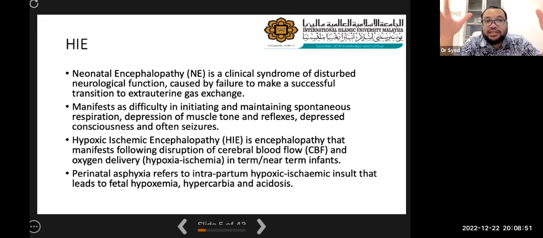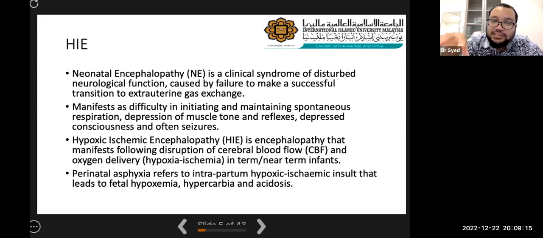Under it there is hypoxic ischemic encephalopathy, where the encephalopathy is a result of a hypoxic ischemic insult. This basically happens in a term or near term infant. A premature baby we don't consider as HIE.